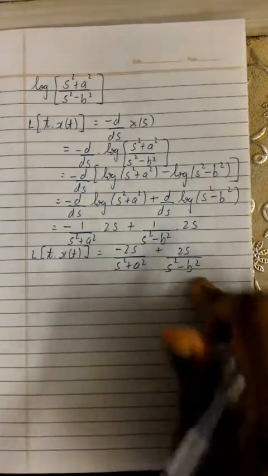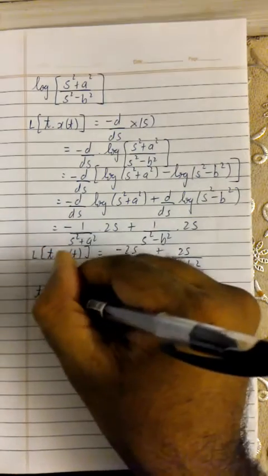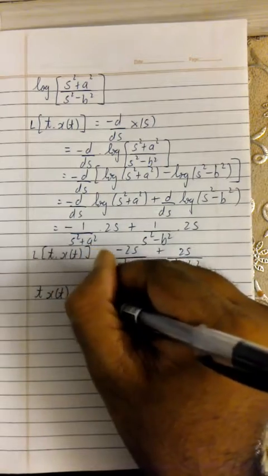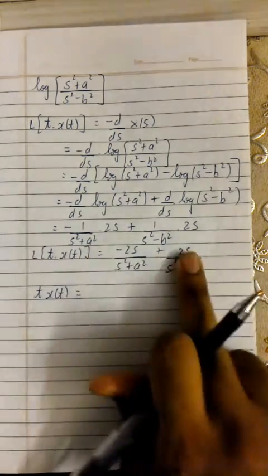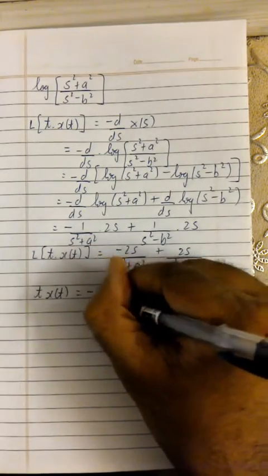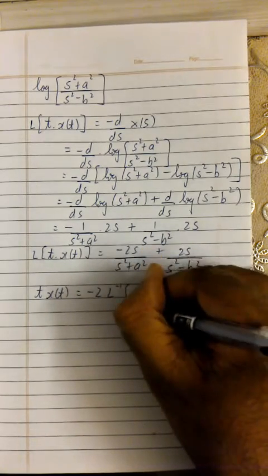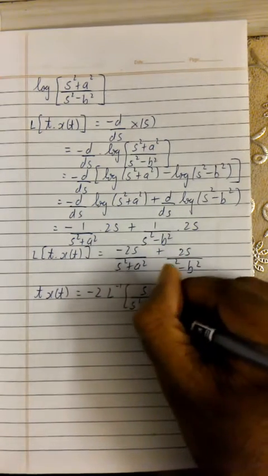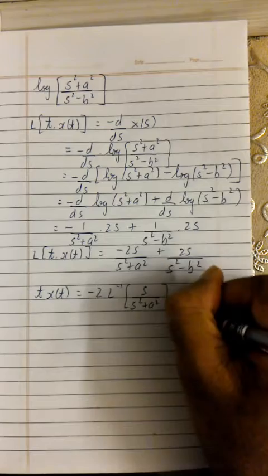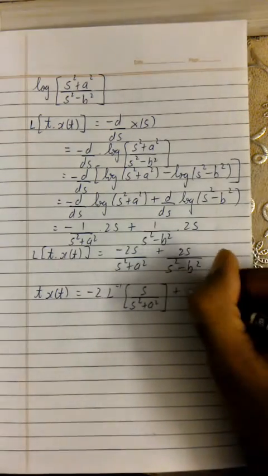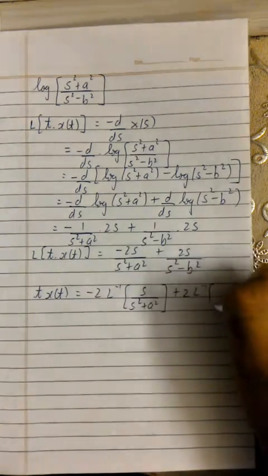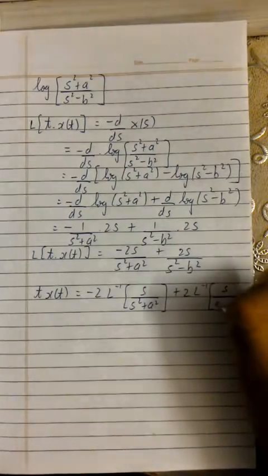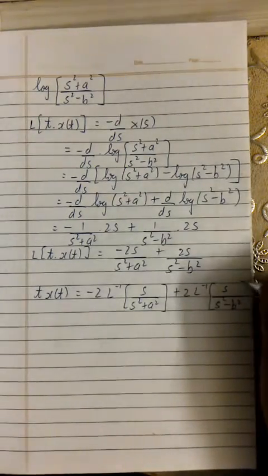Okay, so therefore t into x of t is nothing but the Laplace inverse of this, that is minus 2 into the Laplace inverse of s by s square plus a square plus 2 into the Laplace inverse of s by s square minus b square.